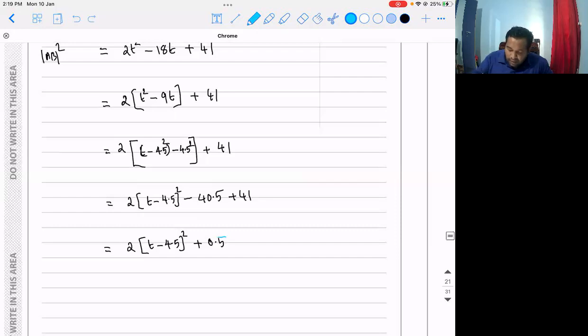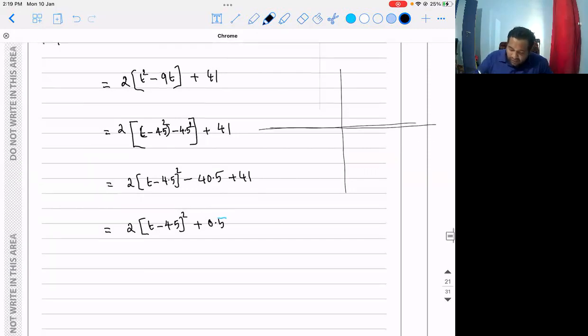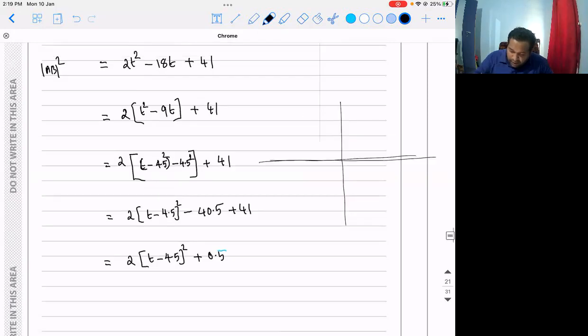Any doubt? So let me draw that graph somewhat like this. This is the graph of AB square.